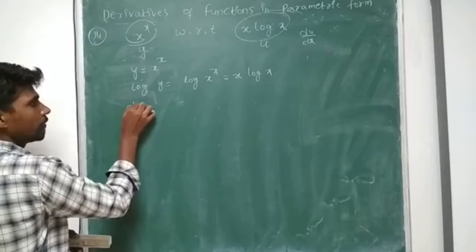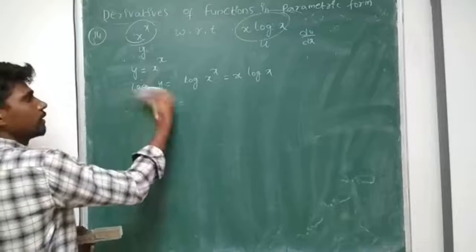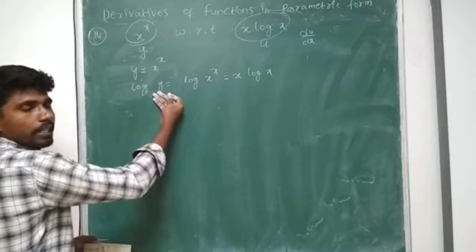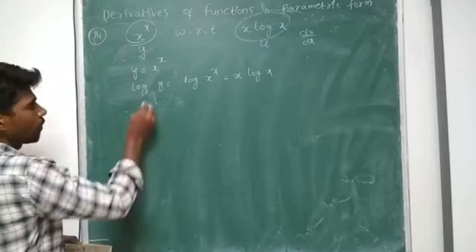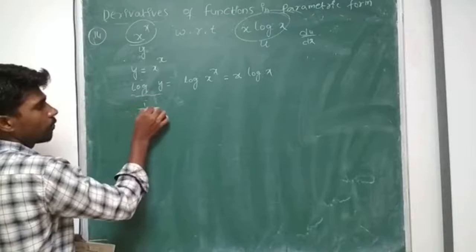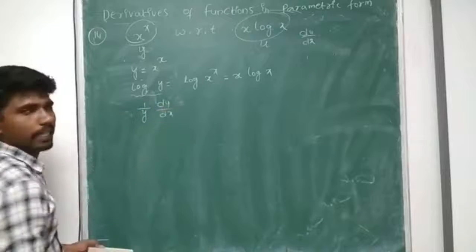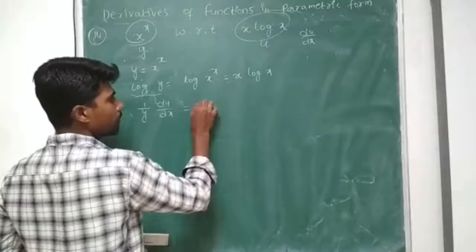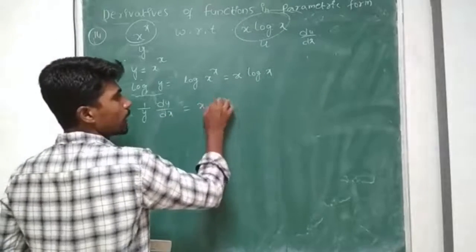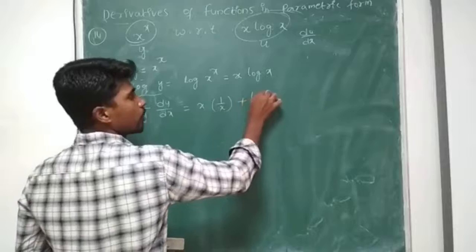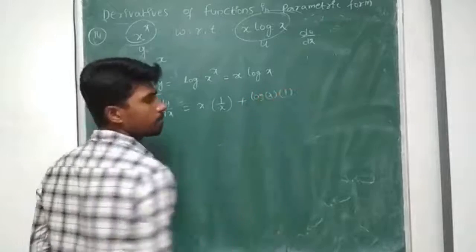Now I am finding the derivative of this with respect to x. What we get? Derivative of log y is 1 by y into dy by dx. UV form: x into 1 by x plus log x into 1.